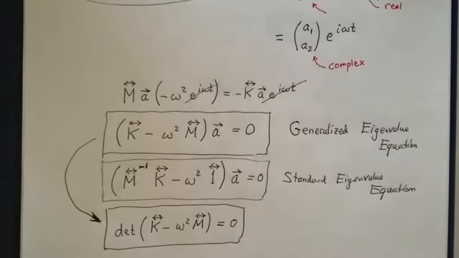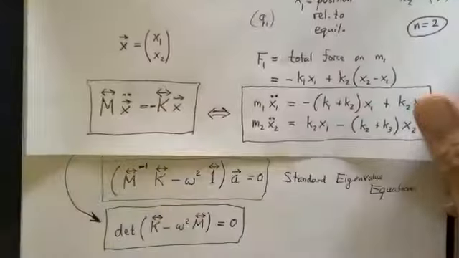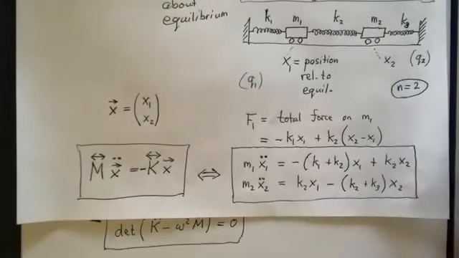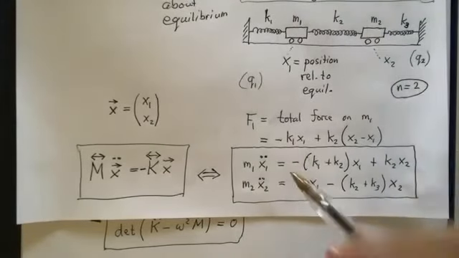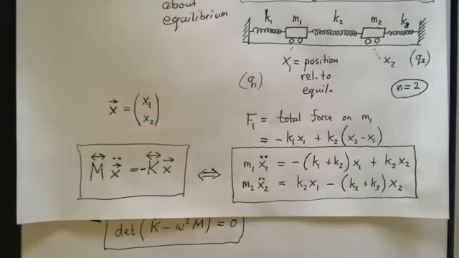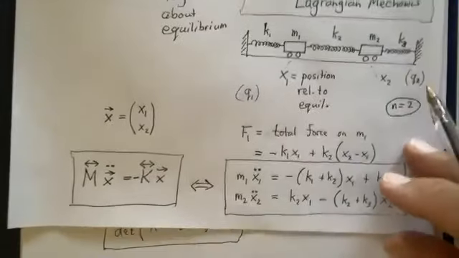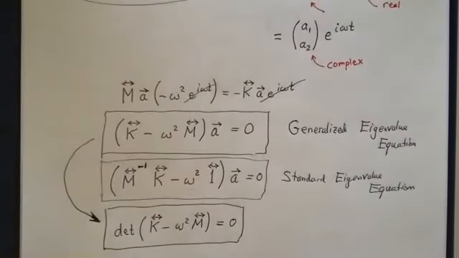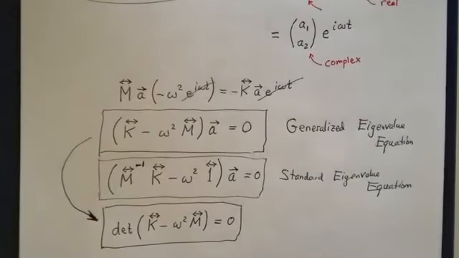Okay, so we can do this. Let's take a minute to do this for, right, we like to have some nice concrete examples. Again, this wonderful example with the railroad cars. Let's go through the motions and see how this works within this new framework of the generalized eigenvalue equation.